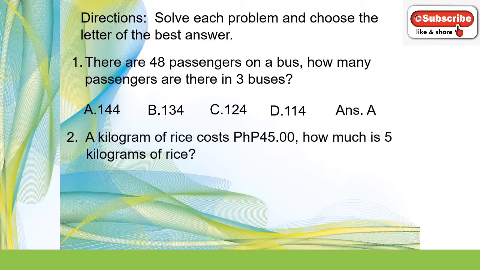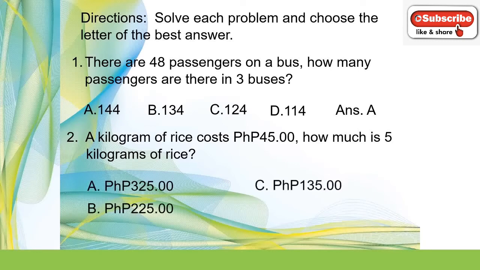Number 2. A kilogram of rice costs 45 pesos. How much is 5 kilograms of rice? A. 325 pesos, B. 225 pesos, C. 135 pesos, D. 215 pesos. Write your answer now. Time is up.